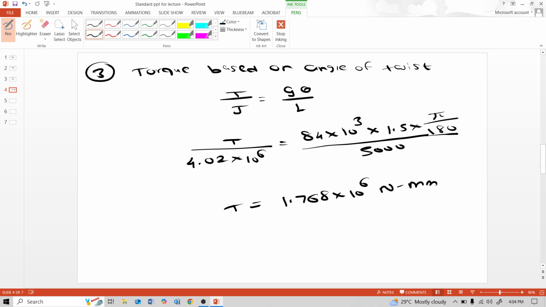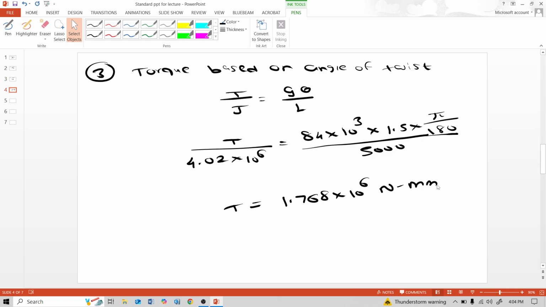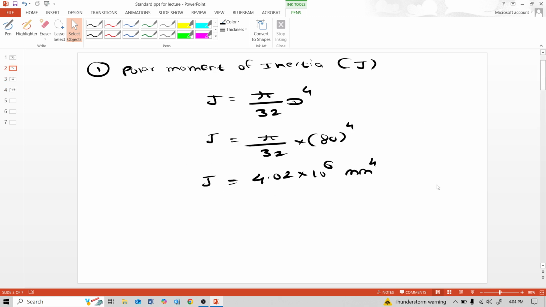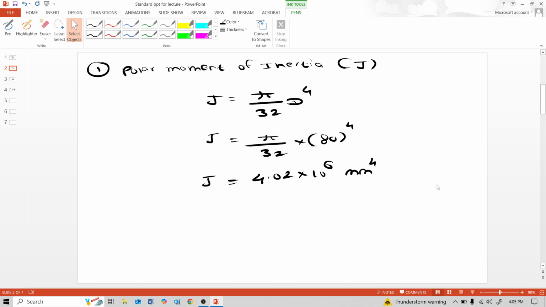See, now we have two torques. One torque is based on angle of twist and one torque is based on shear stress. Based on shear stress, the torque is maximum, and based on angle of twist, the torque is minimum. And we have to find the maximum torque that can be safely applied to the shaft. So for safety purposes, the safe torque will be the lesser torque.